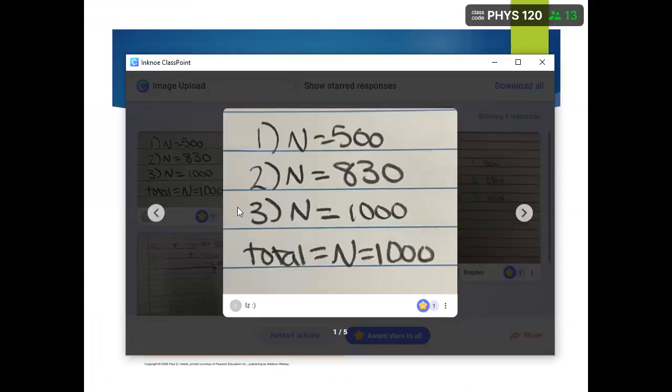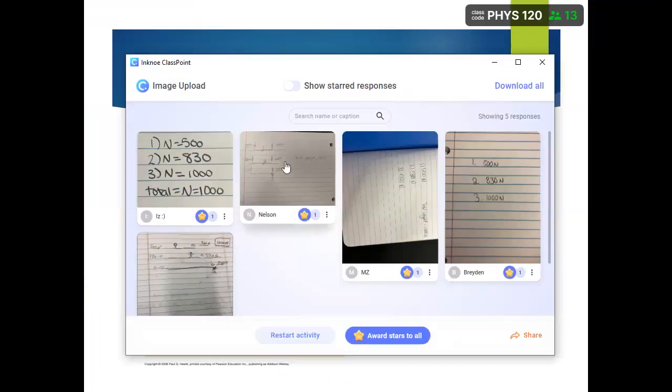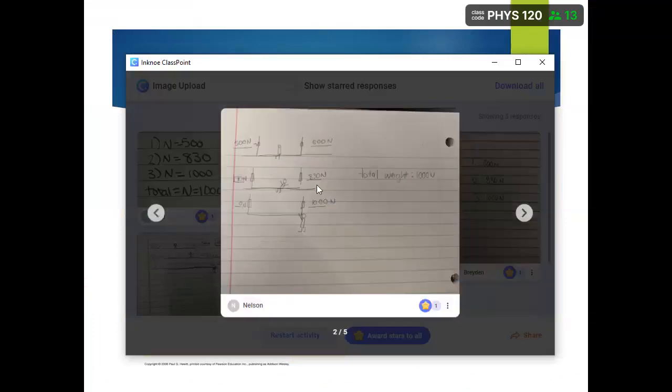500, 830, 1000. It would be better, okay, to draw the objects and then the forces to show how you find the 500. Good. So yeah, that's correct. So let me just, okay, this one is better.